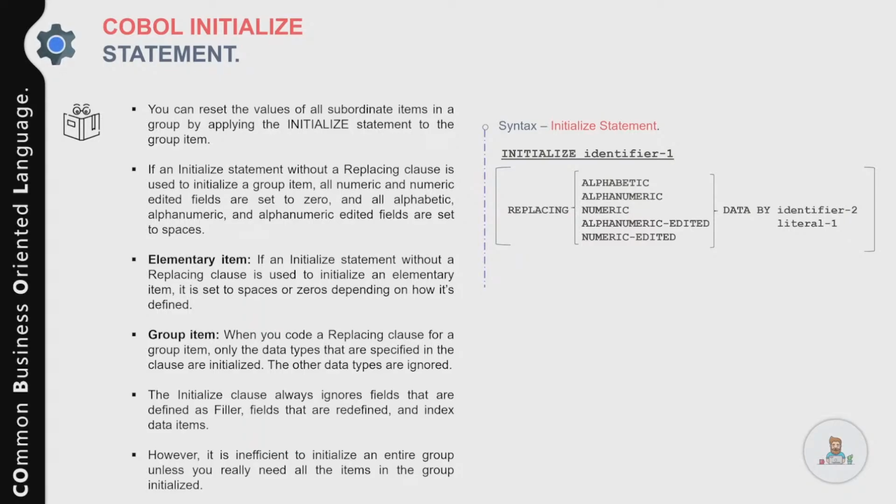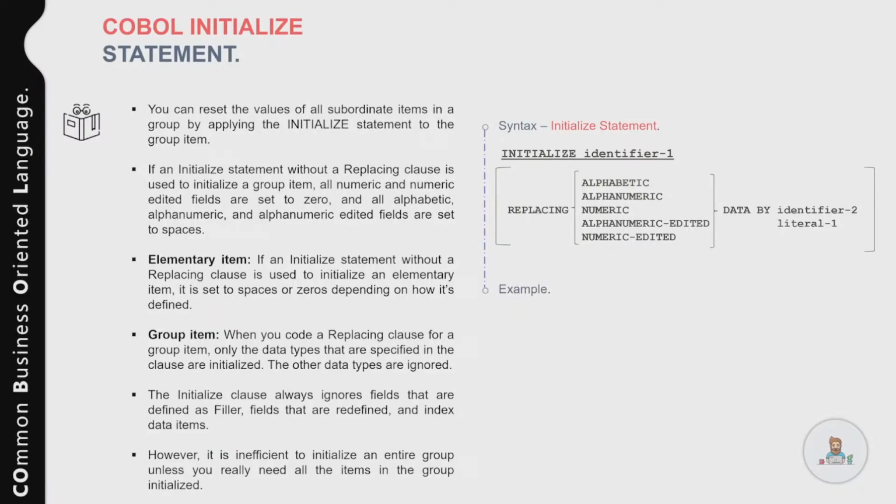One of the benefits and dangers of using the initialize statement is that you can initialize large record descriptions and tables with a single statement because it is pretty easy to do that. But let's say you don't need reinitialization of variables during runtime and you do it carelessly with the help of the initialize statement. In that scenario, the performance of your program would be slow and you would not even notice that.